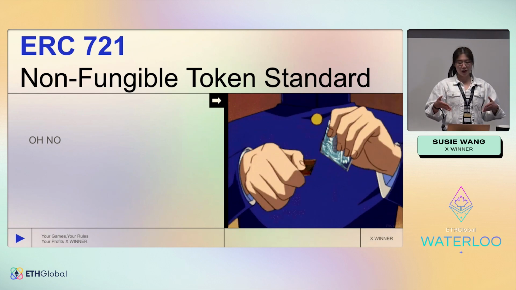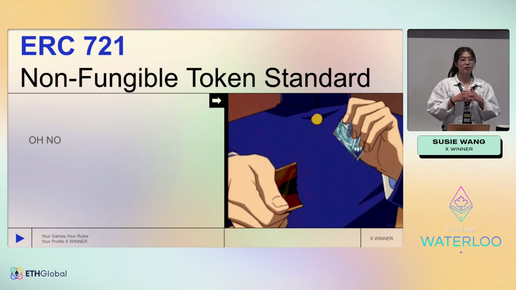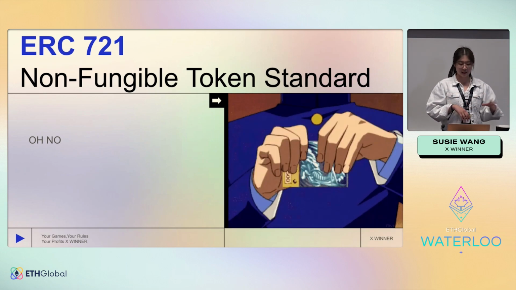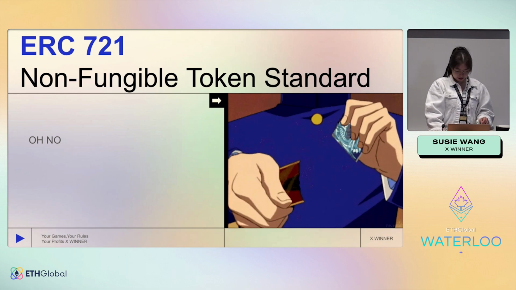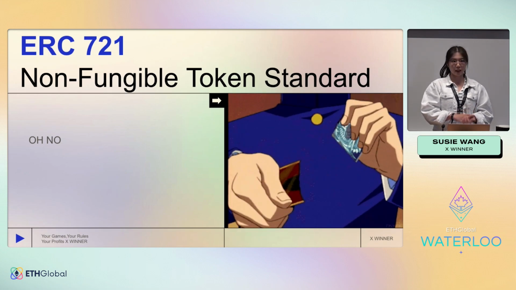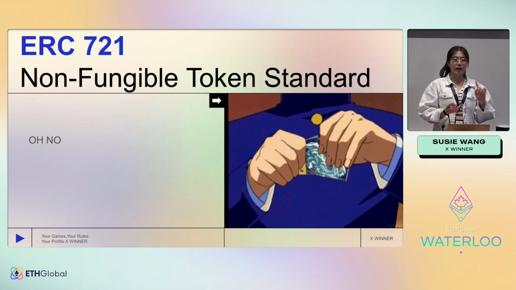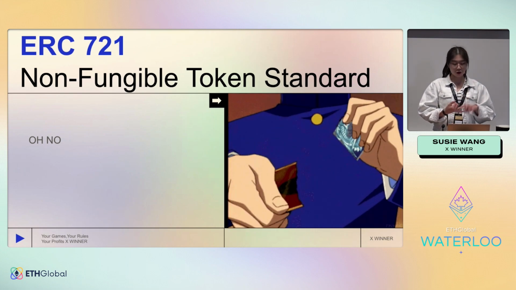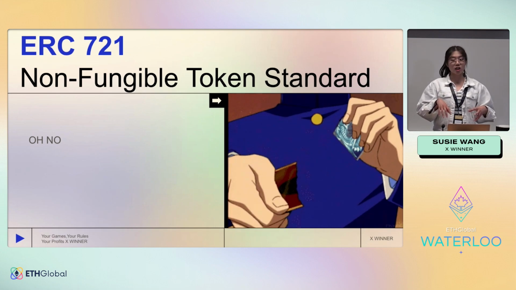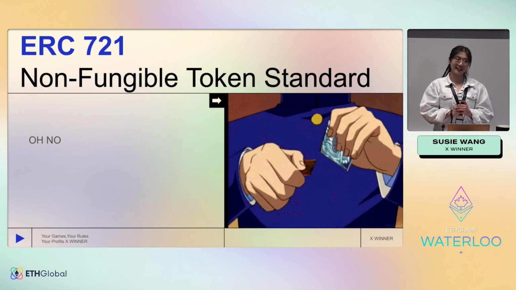So with ERC721, it's not really enabling people to divide those NFTs and send them. And especially with financial instruments like bonds, like insurance policies, where we need to divide them, ERC721 is definitely not the case.